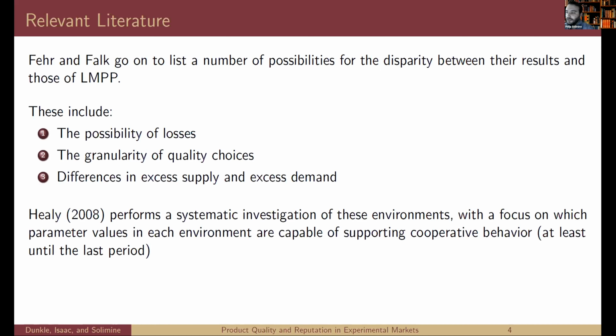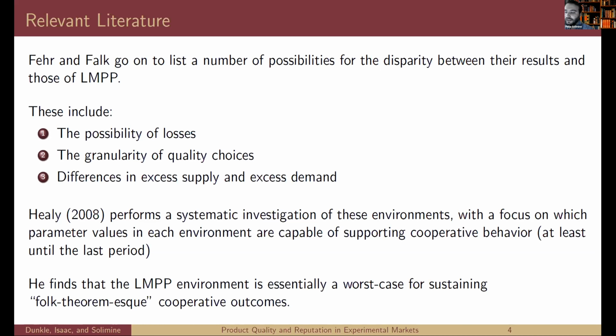So in 2008, in an AER piece, P.J. Healy performed a systematic investigation of these environments with a focus on parameter values in each environment and which ones are capable of supporting cooperative behavior, at least until the last period. And what he found was that this Lynch-Miller-Plott and Porter environment, especially the granularity of quality choices and the specific parameter values, is essentially a worst case scenario for sustaining these kind of folk theorem-esque cooperative outcomes that he was focused on.